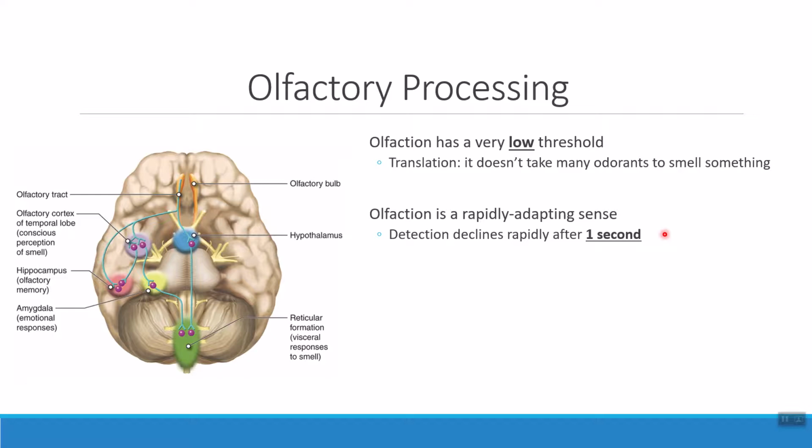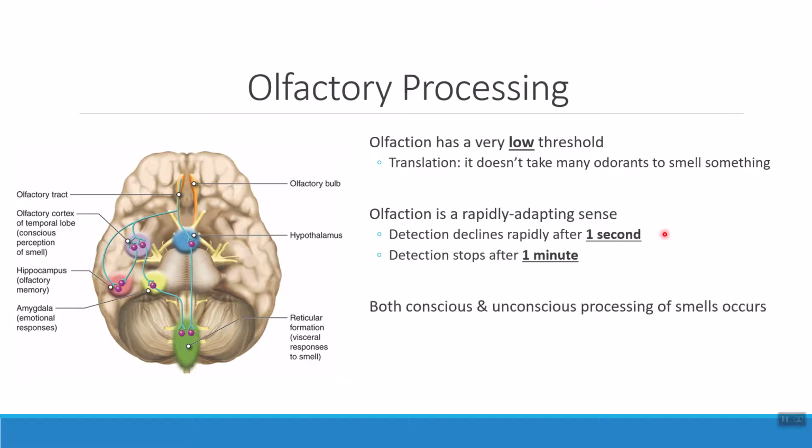So after about 1 second of smelling something, you rapidly stop smelling it. You can still smell it to about 1 minute, but once we hit the 1 minute mark, you're not going to keep smelling that sensation anymore. So olfaction rapidly adapts, meaning you're not going to keep smelling things forever. You'll smell them initially, but your brain will very quickly filter them out.